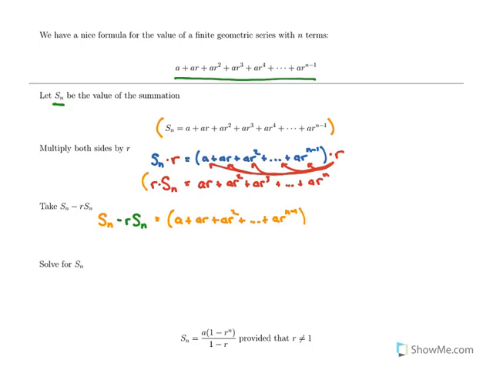And we're going to subtract off AR plus AR squared plus AR cubed plus AR to the n minus 1 plus AR to the n. And when we subtract this, a bunch of these terms are going to cancel out. In fact, everything's going to cancel out except for the first term in Sn and the last term in R times Sn.